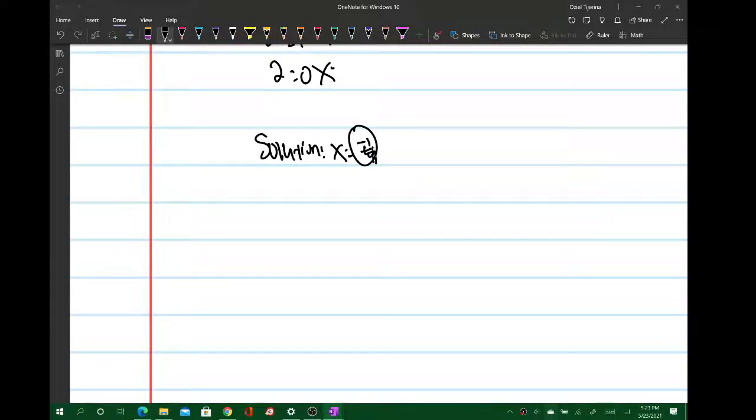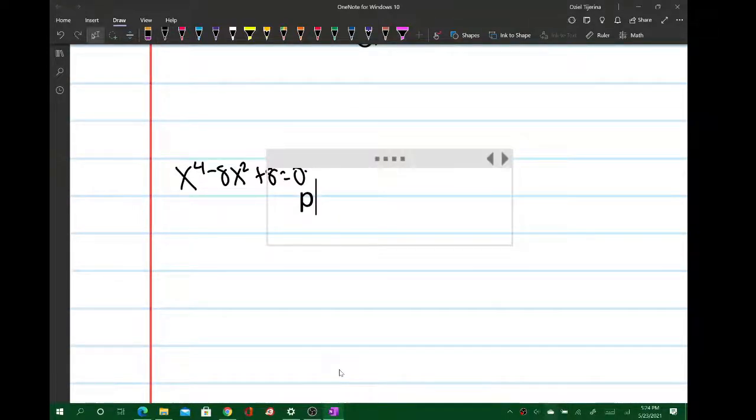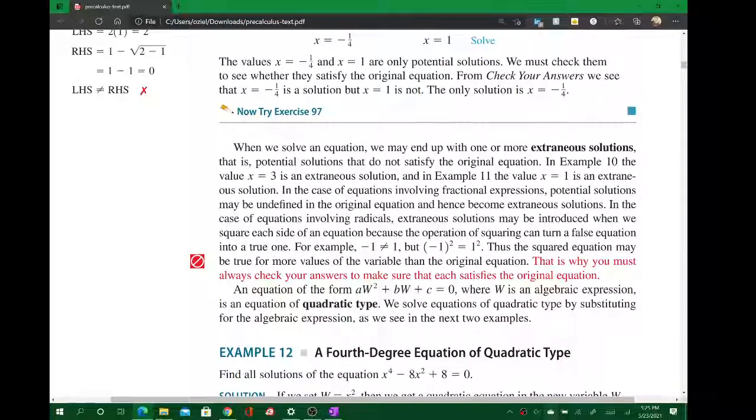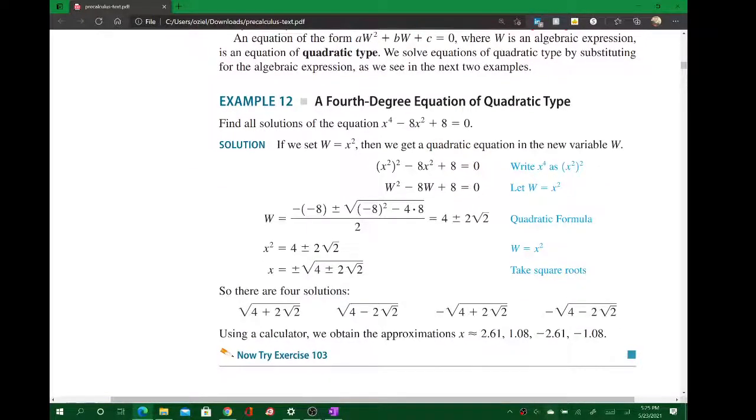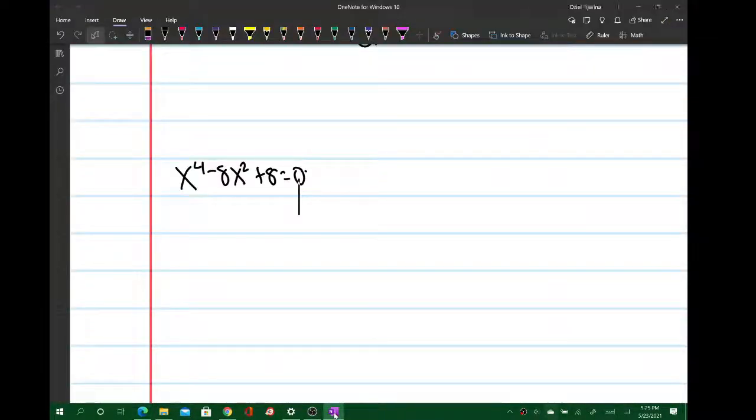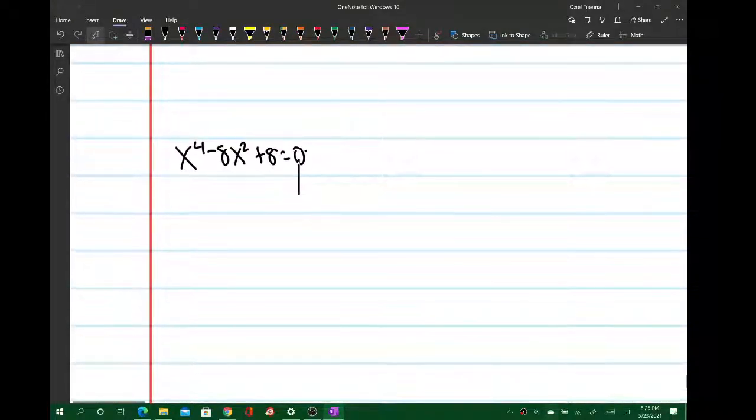Okay, so this one is a 4th degree equation of quadratic type. This is very similar to a quadratic function.